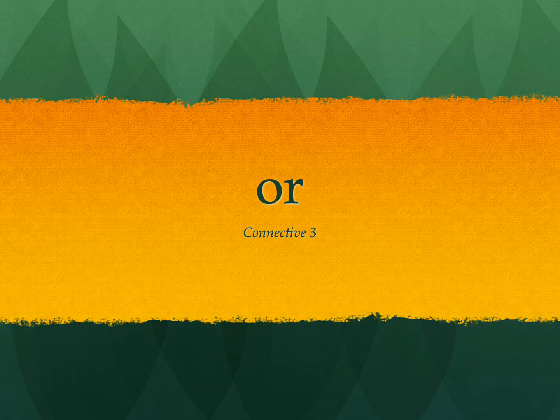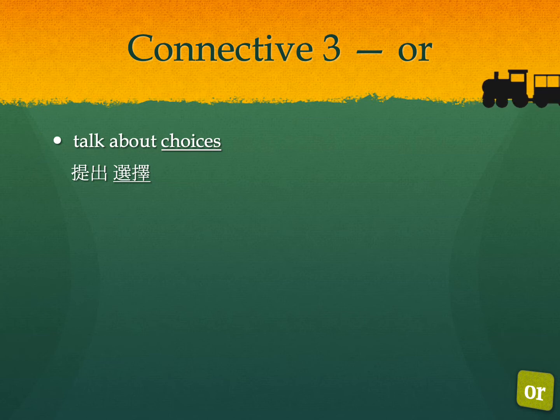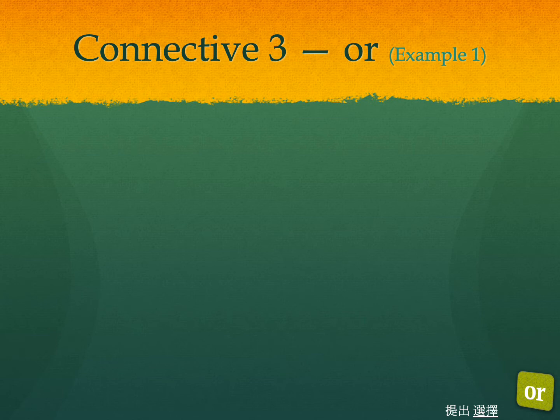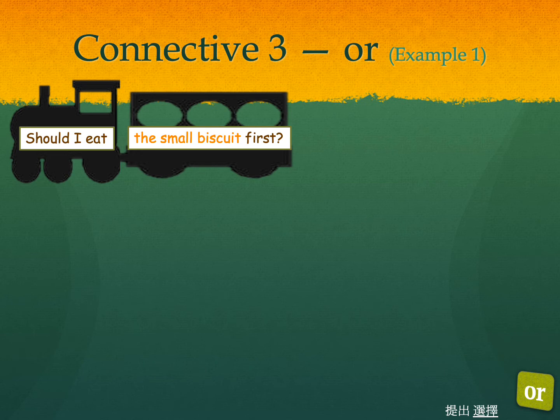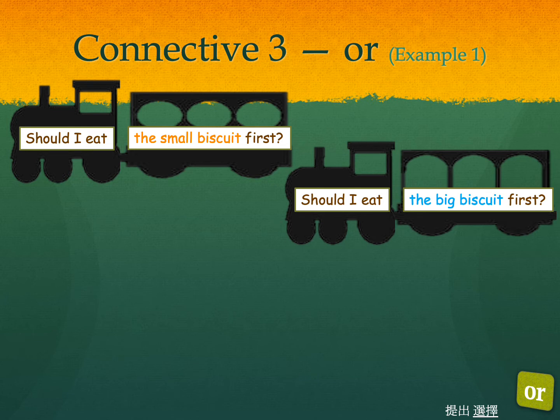Now we come to the last connective, or. We use the connective or to talk about choices. Example 1. Should I eat the small biscuit first? Another choice. Should I eat the big biscuit first?